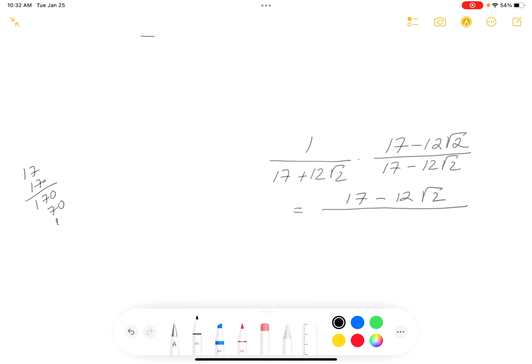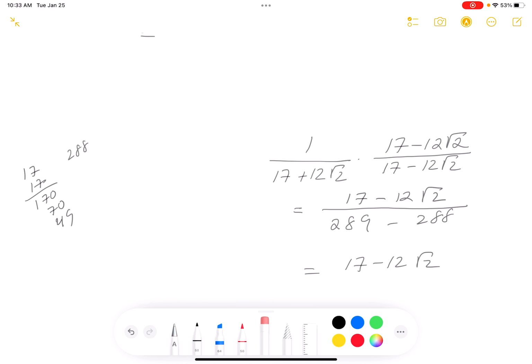And 7 times 7 is 49. 289. And the two middle terms disappear. I'm not going to multiply them out. And then you get 12 root 2 times 12 root 2, which is 144 times 2, 288. Well, isn't that convenient? What do you get over there? 17 minus 12 root 2's.